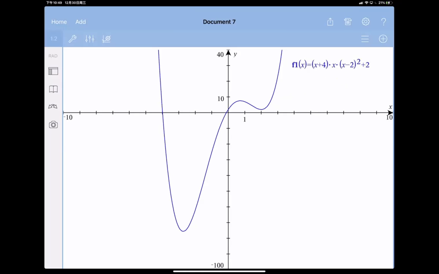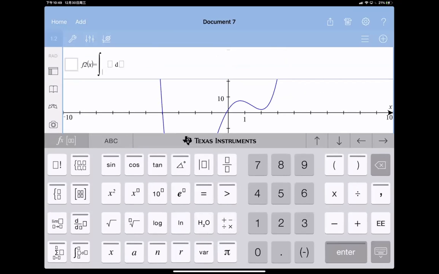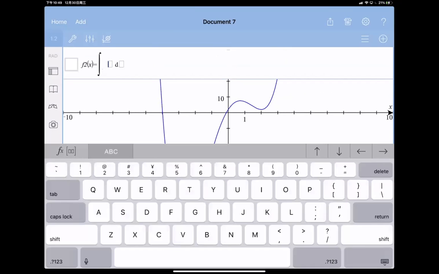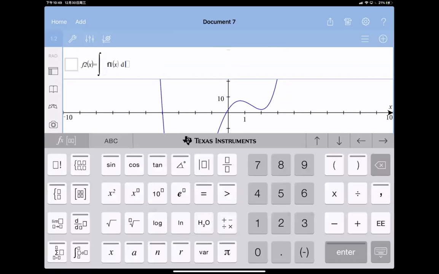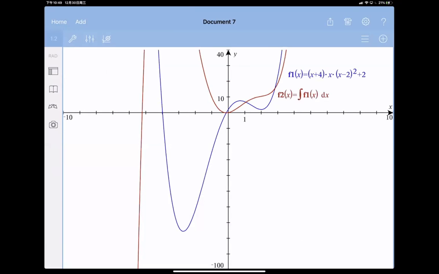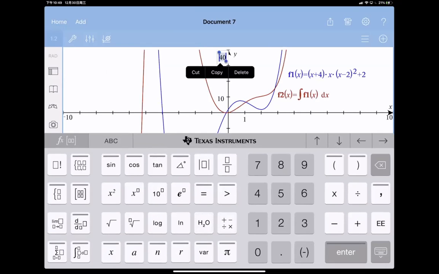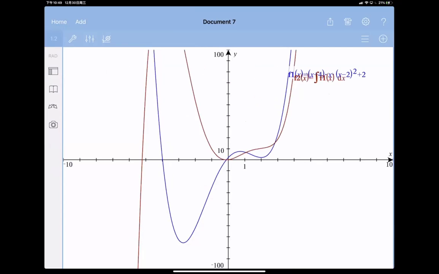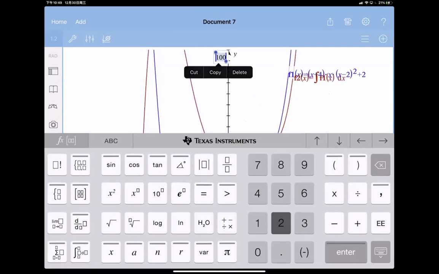Then, if you want to find the antiderivative or the original function, you can just try integral. You refer to f1 of x at the beginning because you have already sketched f1 of x as well as defining it in this problem. So let's have a look. 100. 200.